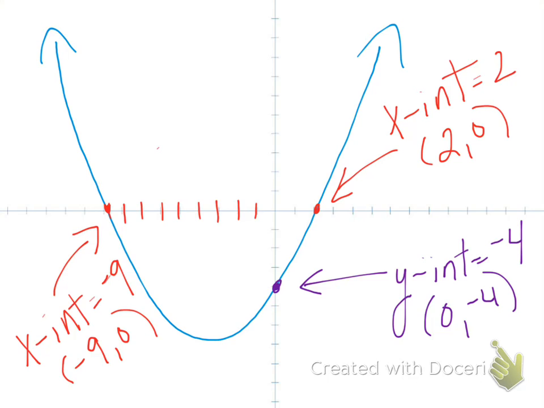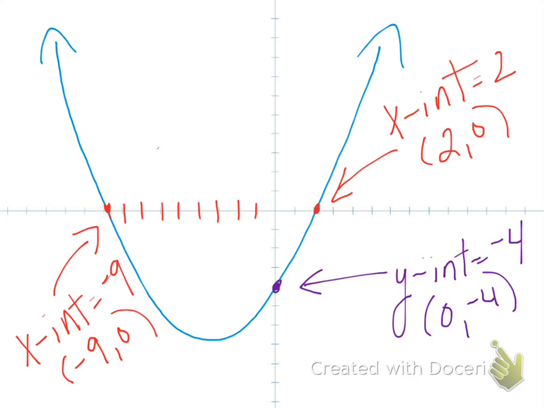So what else could I possibly ask? I could ask you to tell me the vertex or the axis of symmetry. Those are two other ones that I like. Looking at this, do you know what the vertex of the curve would be? Absolutely.